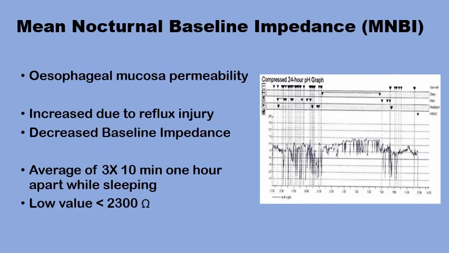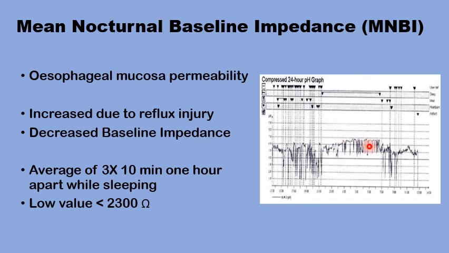Two other indices were recently found to be of clinical relevance. The first is the mean nocturnal baseline impedance level, the level of the impedance during the time the patient had marked as being asleep. Now, we know that injury to the mucosa of the esophagus or the pharynx by the reflux would increase its permeability, and this would decrease its impedance.